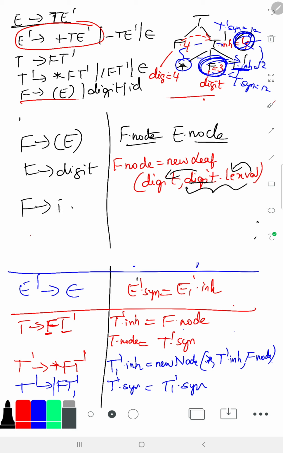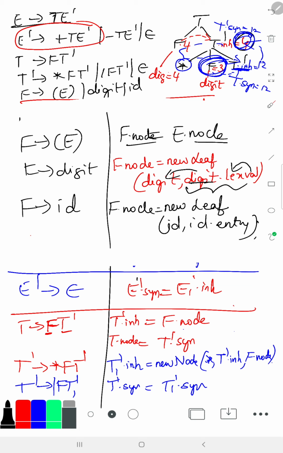F tends to id, that is F dot node. This id is also a terminal, right? I have to make an entry to the symbol table. So new leaf node and id dot entry. Okay, this is nothing but semantic rules to construct the syntax tree. Hope it is clear for everybody. Thank you.